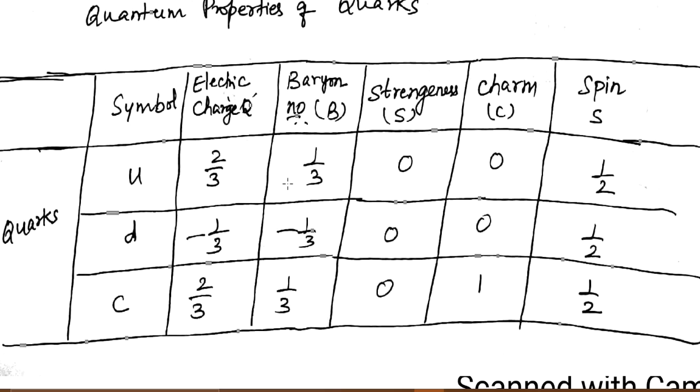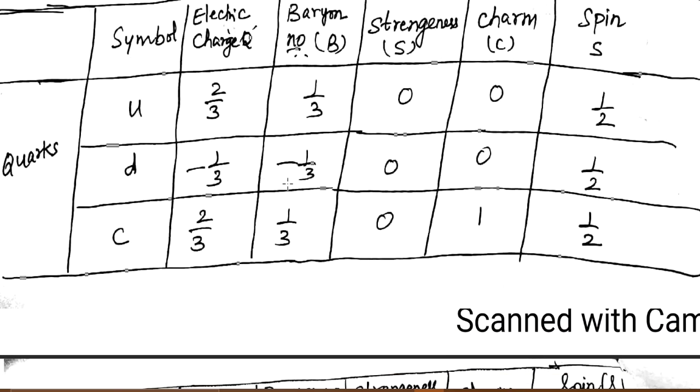Spin quantum number is plus half for up quark, plus half for down quark, plus half for charm quark. Similarly, for the antiparticles U complement, D complement, C complement, the spin will be minus half.